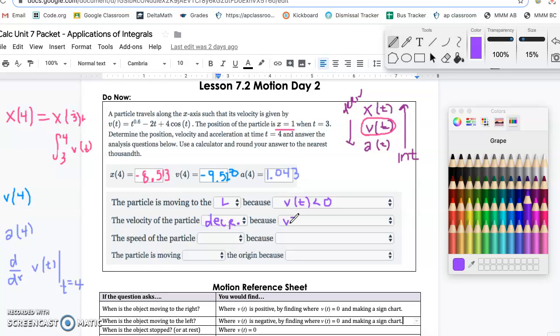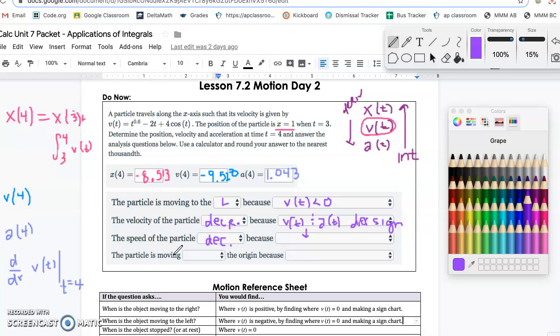So v of t and a of t have different signs. For the speed of the particle, since velocity is decreasing, the speed of the particle is also decreasing, and it's for the same reason: velocity and acceleration have different signs.